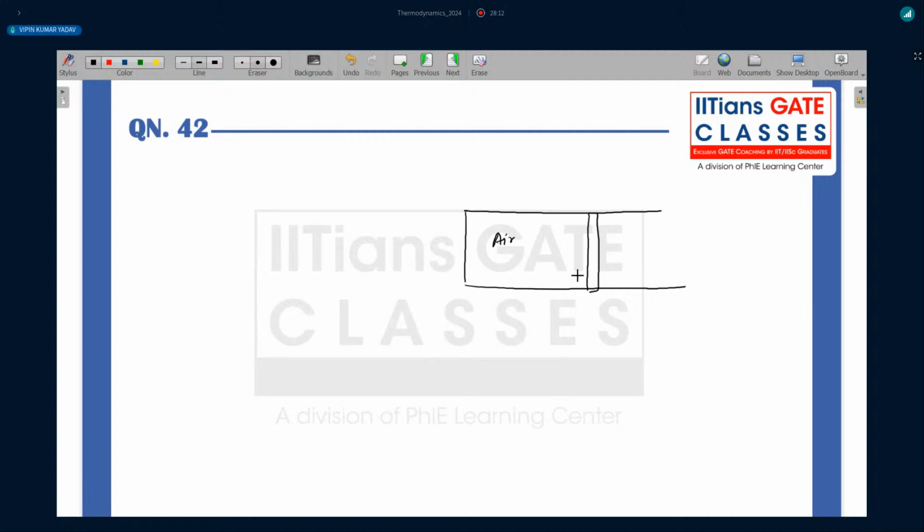We have a stopper here, and we have one more stopper here. So the inside pressure is P1, and the outside pressure is atmospheric pressure. On this side P1 is acting, and on this side atmospheric pressure P naught is acting. Now what do I do?